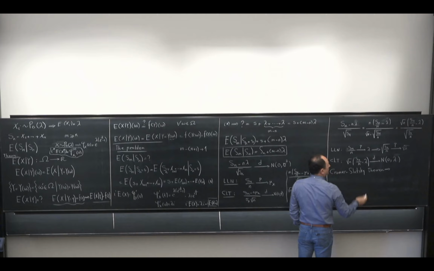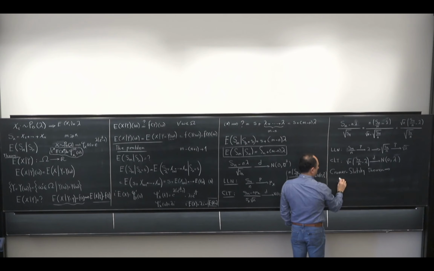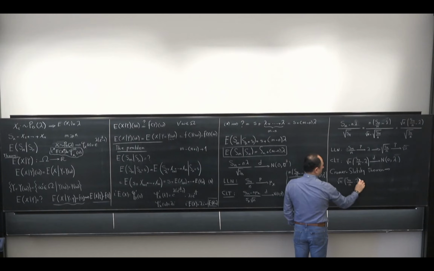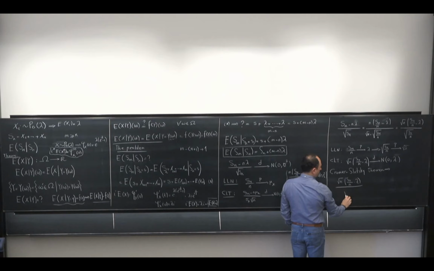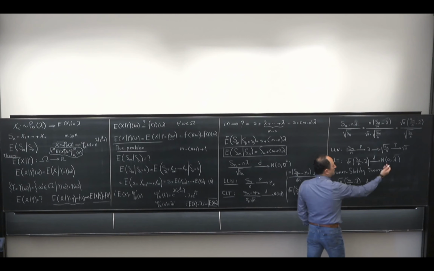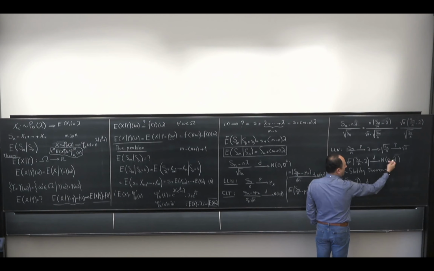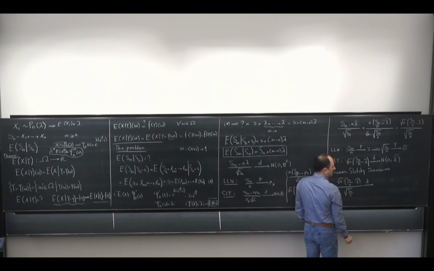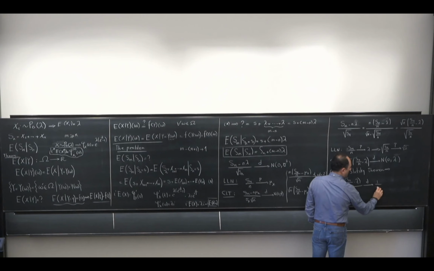I can conclude that this expression, square root of n times Sn over n minus lambda, divided by square root of Sn over n, goes to, so I multiply this by 1 over square root of lambda. So yeah, it's a little bit sloppy notation.